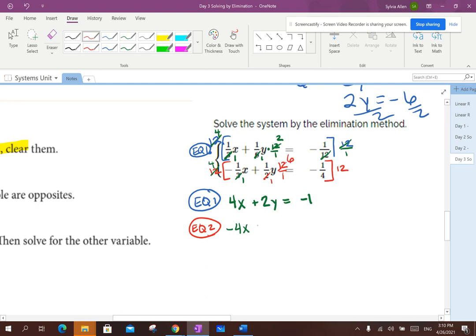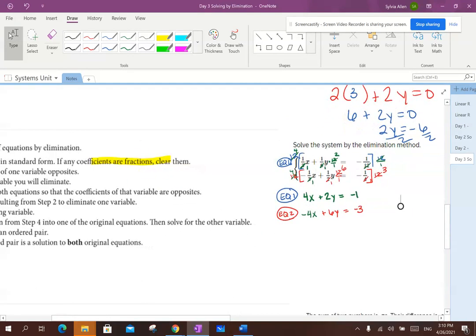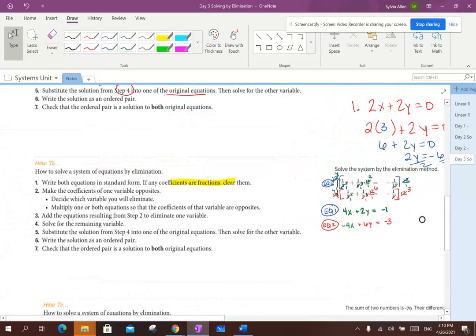So I have positive 6y. And then 4 goes into 4 once, 4 goes into 12 3 times, and it equals negative 3. So I've basically rewritten equations 1 and 2 without fractions. It was a little bit longer process, but it's going to be worth it in the end. So I'm done with step 1.